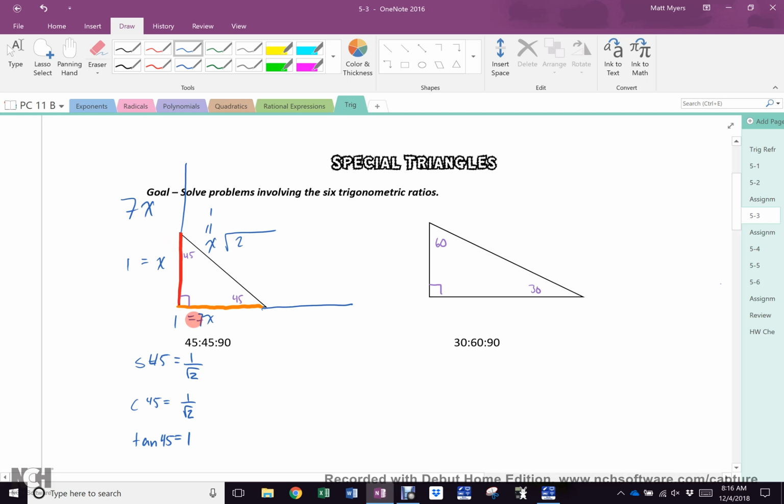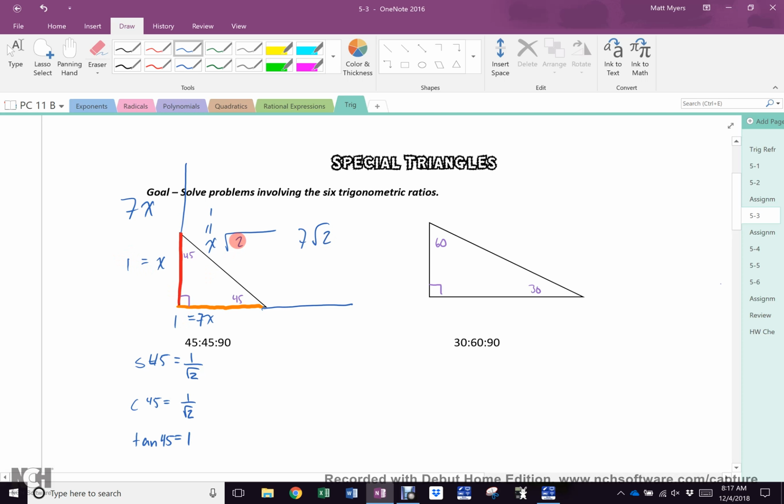This is 7 times bigger. So what will this become? 7 root 2. And how often will this work? Always. The 45 degree, 90 degree isosceles triangle is always 1 to 1 to root 2.